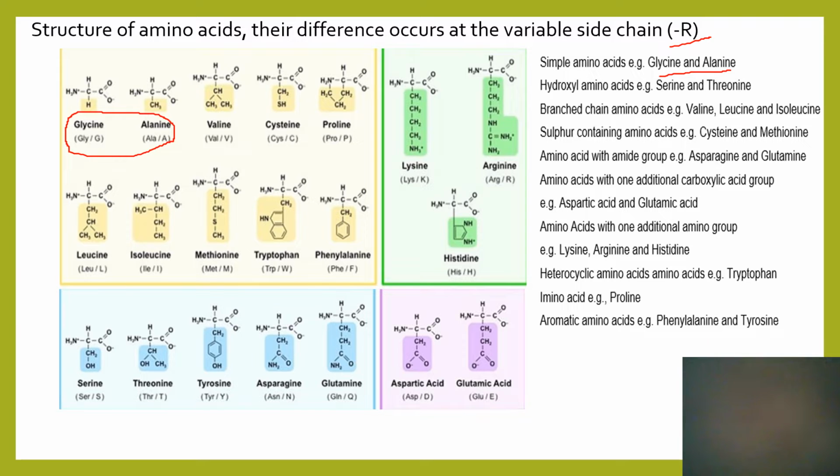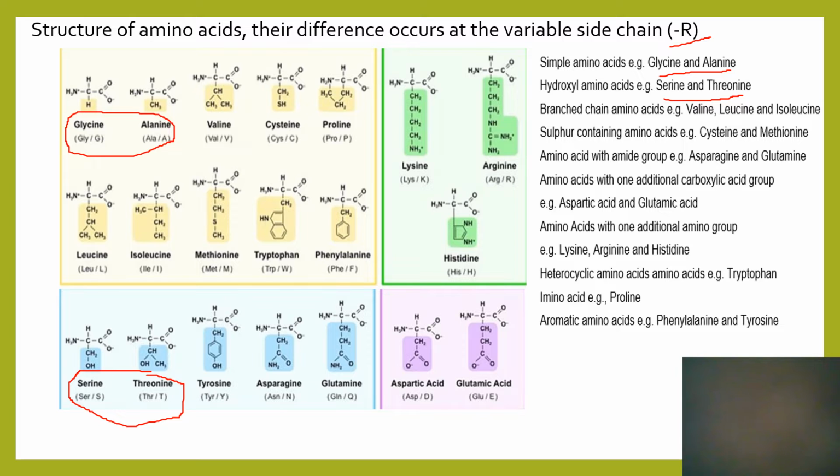For example, serine and threonine have an OH group on their side chain, so they are hydroxyl amino acids.